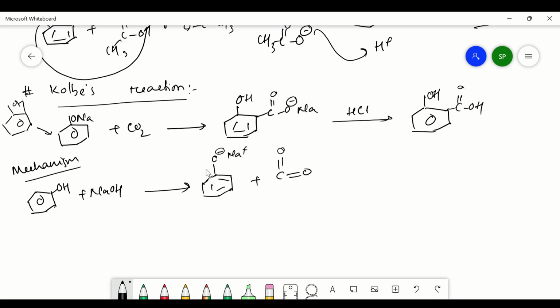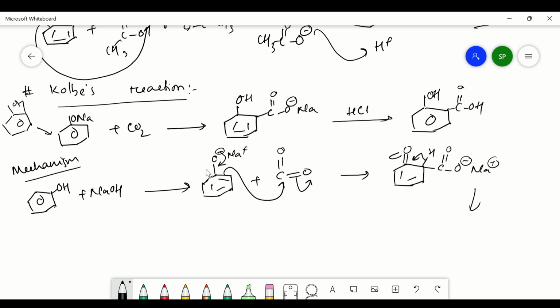Now this negative charge transfers here, attacks the carbon, and electrons transfer from carbon to oxygen, forming an intermediate with C double bond O minus, beside which there will be Na plus. In the next step, the O minus consumes H plus, and there is formation of OH with COO minus Na plus.